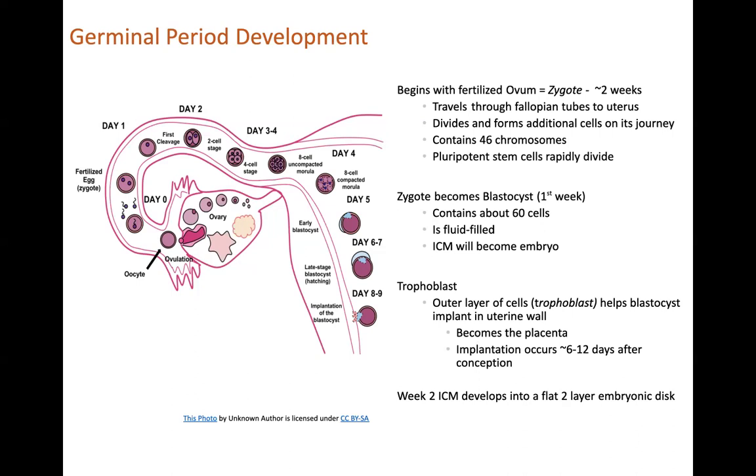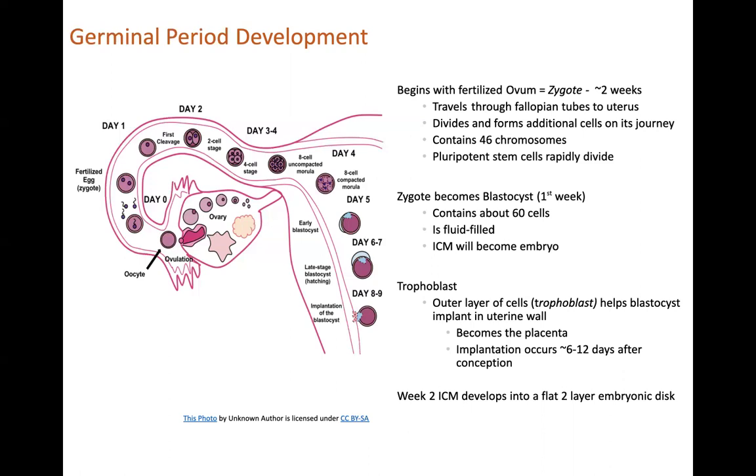The germinal period is especially interesting when it involves stem cell research. Then the zygotes become blastocysts. A blastocyst contains an inner cell mass, ICM, which becomes the embryo. It contains about 60 cells and is fluid filled, and the ICM will become an embryo.